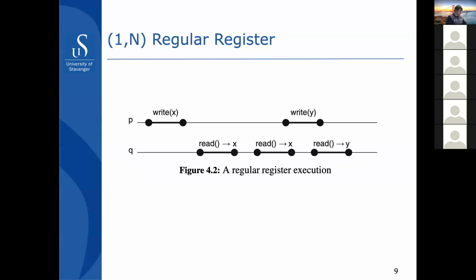The correct execution is here. So here we read the value X, even though the write has started, but after it is near to complete, we read the value Y. So actually this last read here would be correct even if it was X, because the write didn't finish.